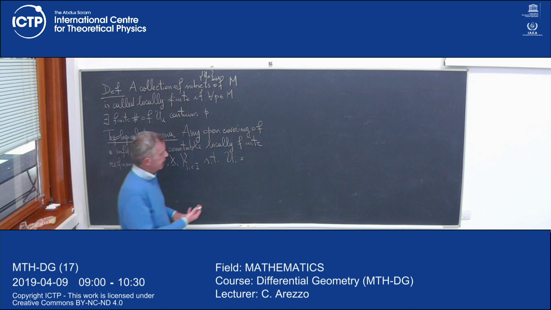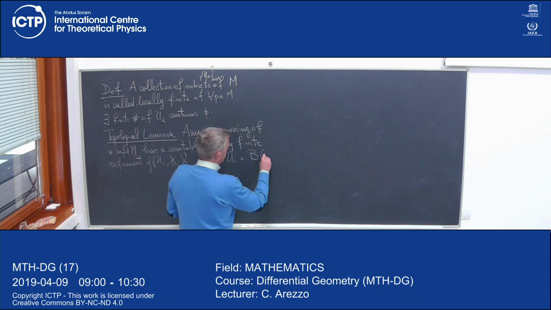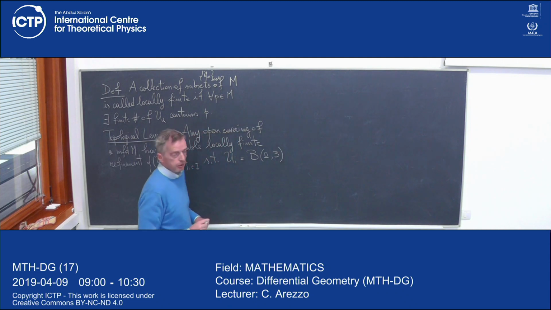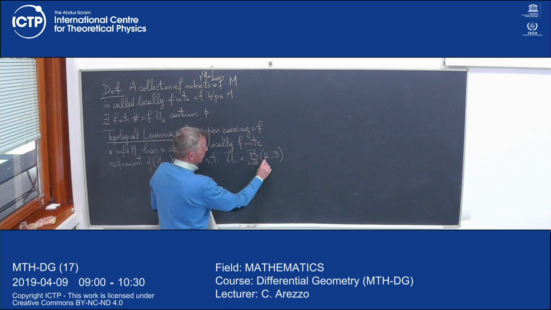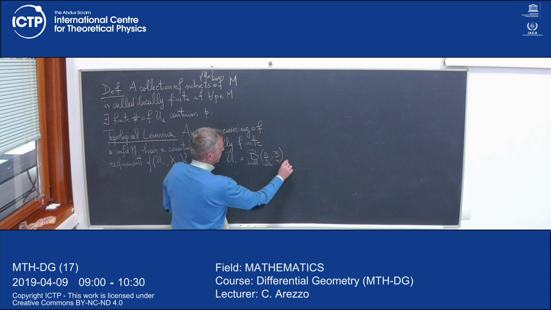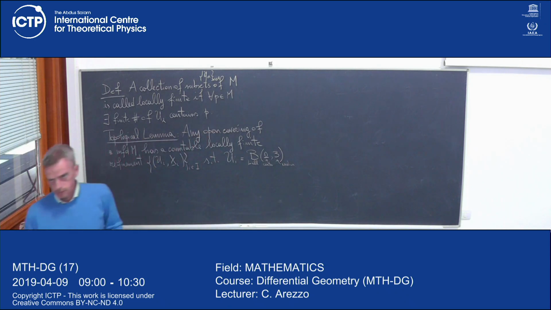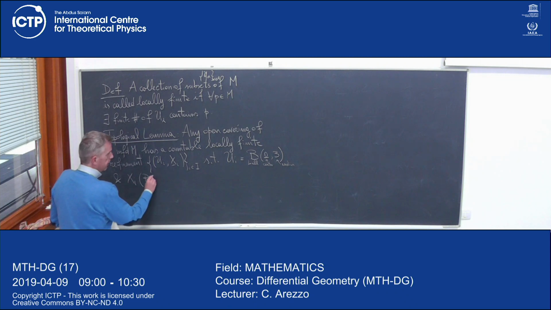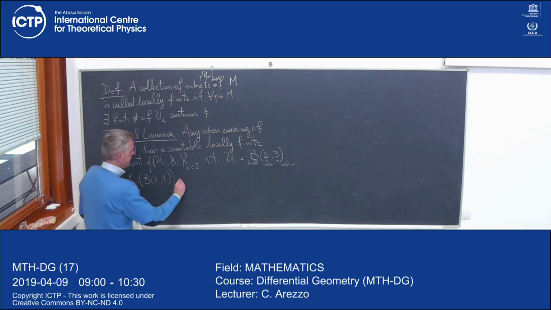Let's say we decide that U_i is always a ball, the ball of center the origin and radius 3. And x_i of the ball of center the origin and radius 1 is still a covering.